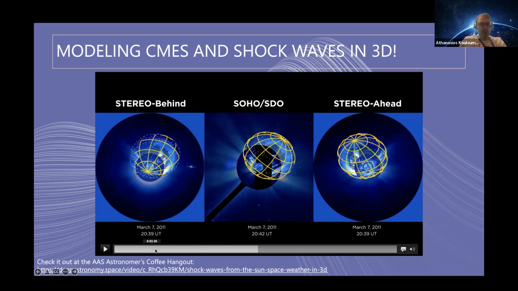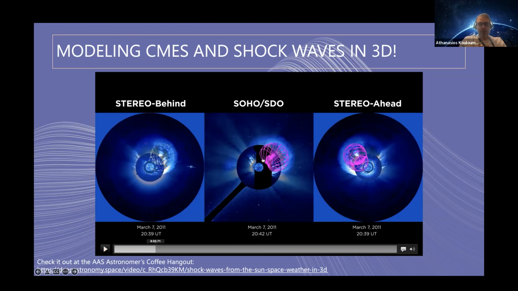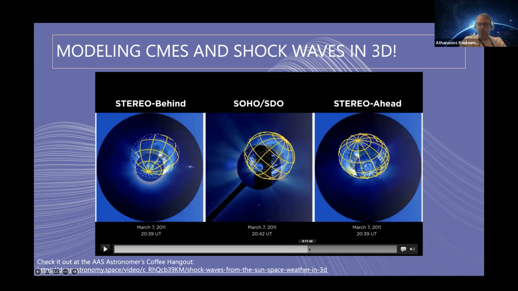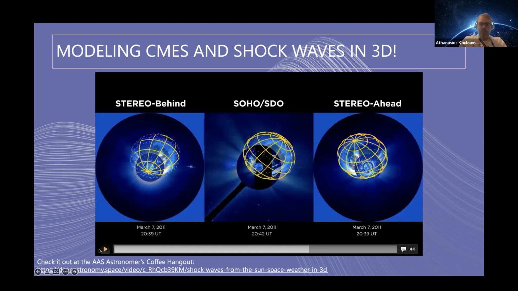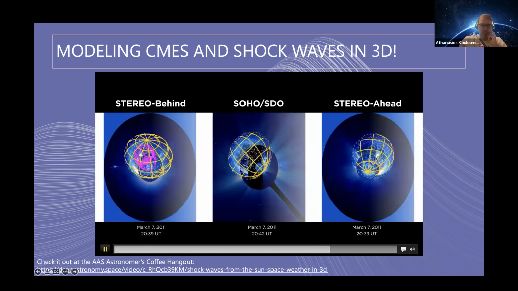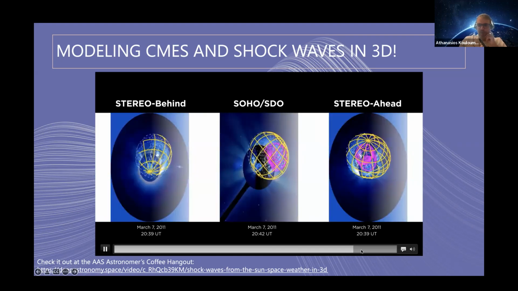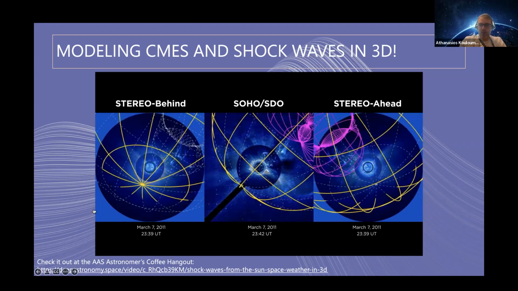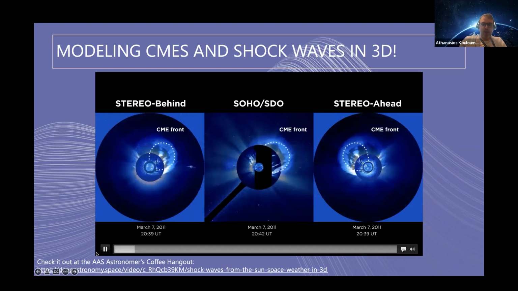As I will show later, we have one model, the graduated cylindrical shell model, which is how we call the model for the flux ropes and the CMEs, and an ellipsoid model, which is the model that we use to model the shock waves in 3D. And this is in time how the shock wave propagates and how we reconstruct it.